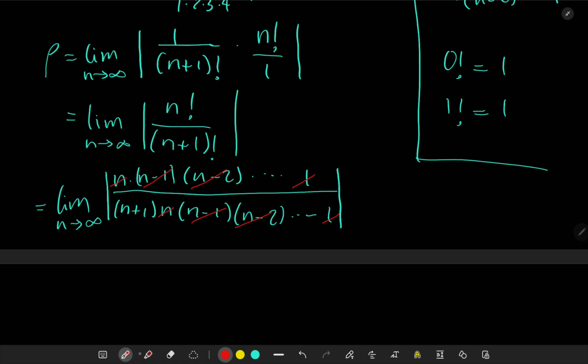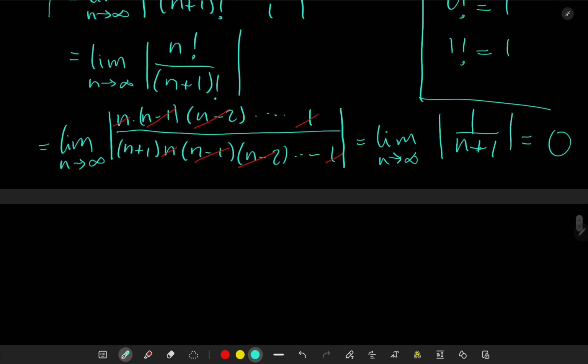So you're going to end up with the limit as n goes to infinity of 1 over n plus 1. And this is just a rational expression where the polynomial in the numerator is degree 0, the polynomial in the denominator is degree 1, so the limit is going to be 0.